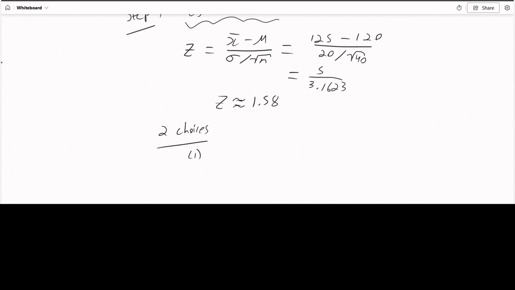First choice is what we've been doing: is this more extreme than extreme enough?